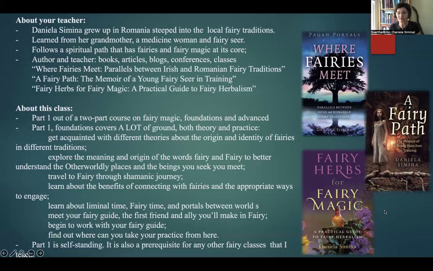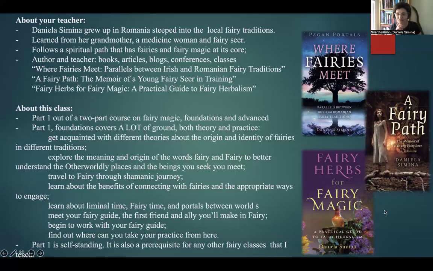The third cover is Fairy Herbs for Fairy Magic on a light purple background. You can see a bottle colored amber, a little bit bright, and it sits on a wooden stump, surrounded by purple flowers, yellow flowers, a little bit of green foliage.